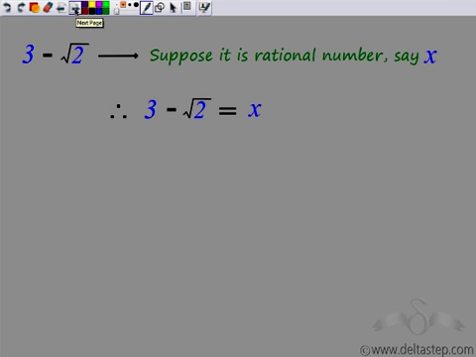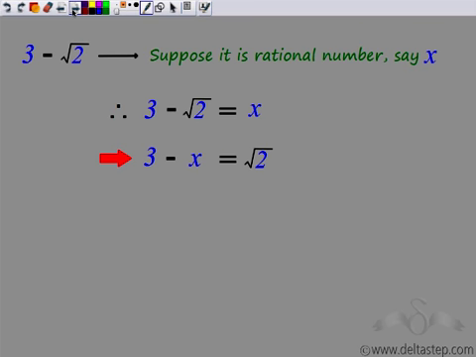Now from this, what I can get is, moving x to the left hand side and under root 2 to the right hand side, 3 minus x would be equal to under root 2. I bring x here and I take under root 2 the other way.